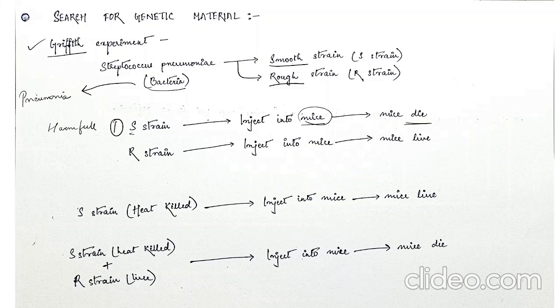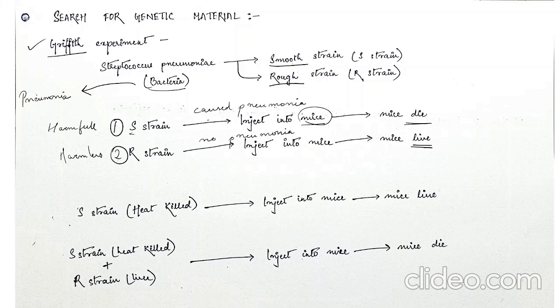And this R strain was harmless. That's why the mice lived. The S strain caused pneumonia, that's why the mice died. R strain, no pneumonia, that's why the mice lived.